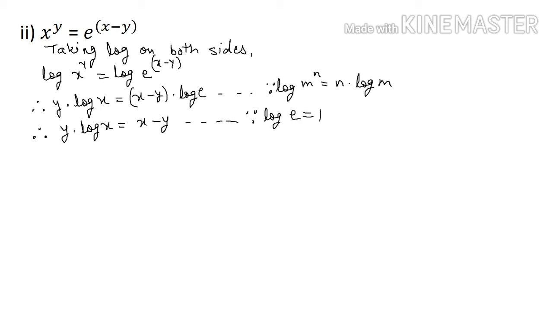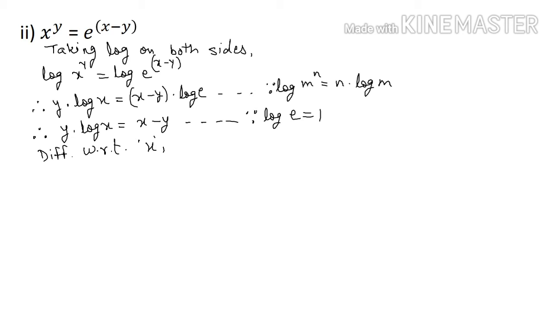So now differentiate. Differentiating with respect to x. Now again, this is the product of two terms, so we have to use the formula d dx of u into v.